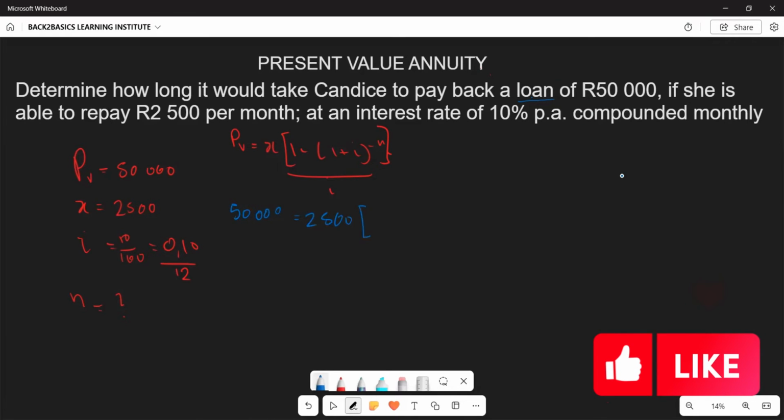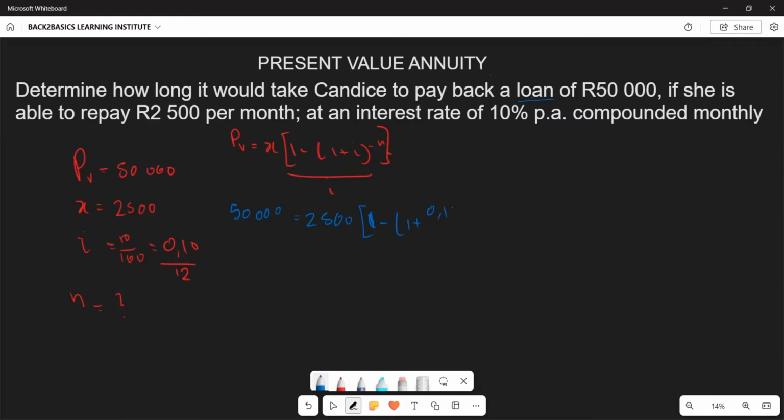So 50,000 is equal to 2,500 into 1 subtract 1 plus the interest, which is 0.10 over 12, to the power of negative n, all over 0.10 over 12. We are looking for n.